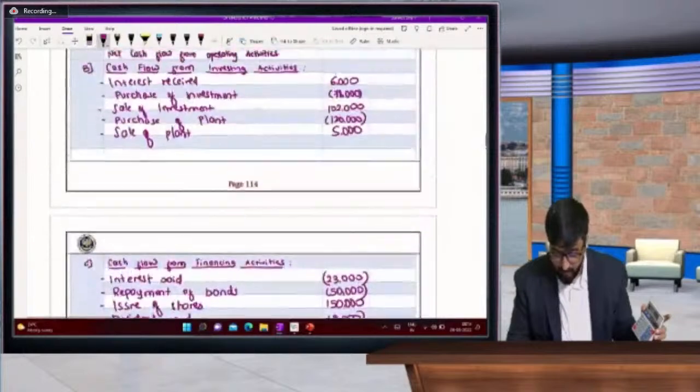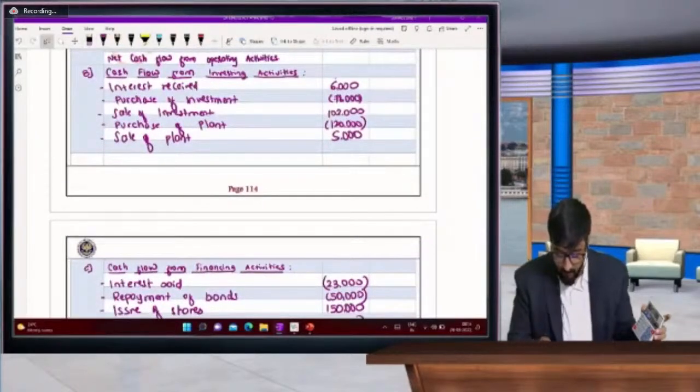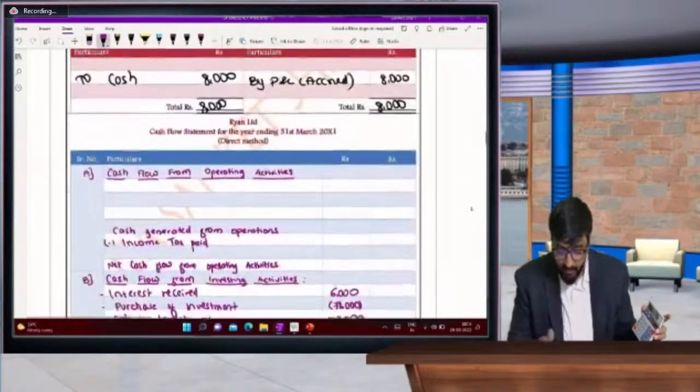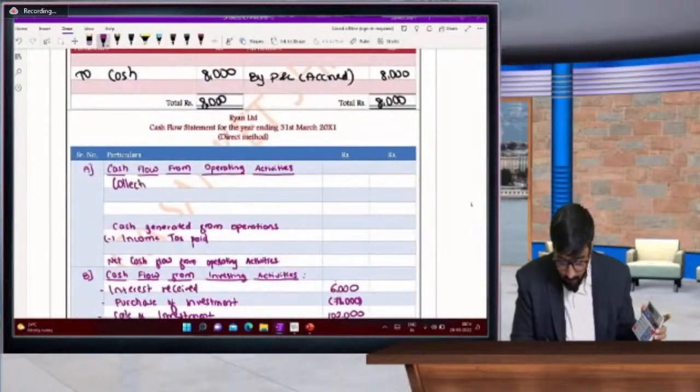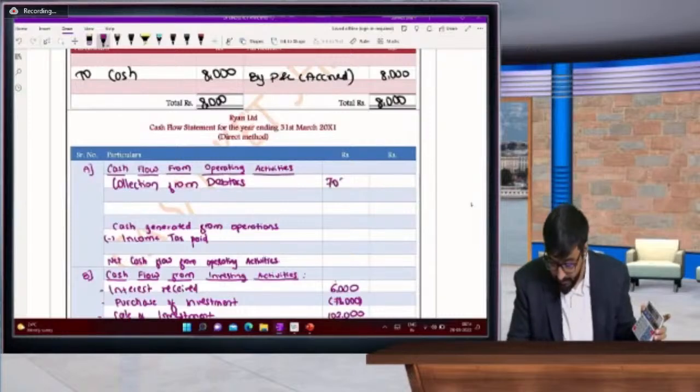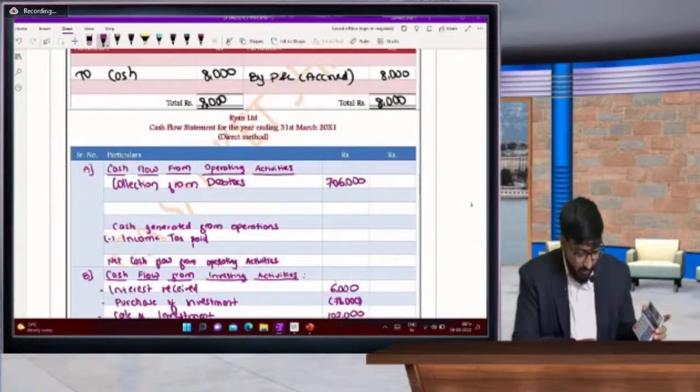Operating activity: collection from debtors 7,06,000.